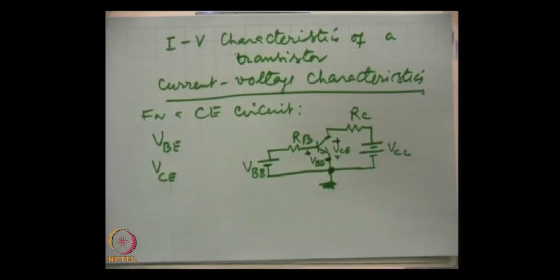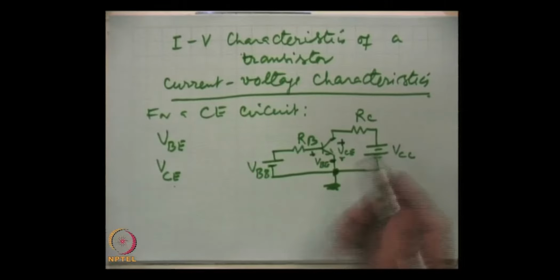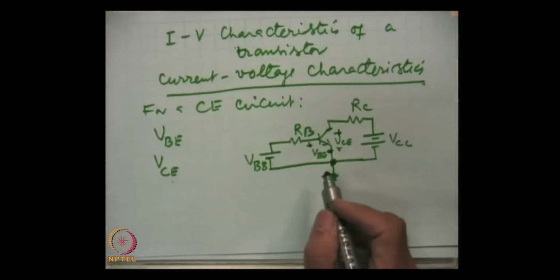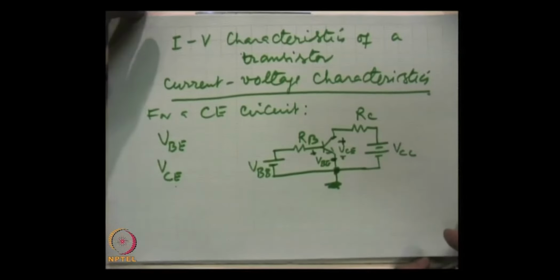Now, there are two sides of the circuit, the input and the output, and accordingly there are input characteristics and output characteristics.